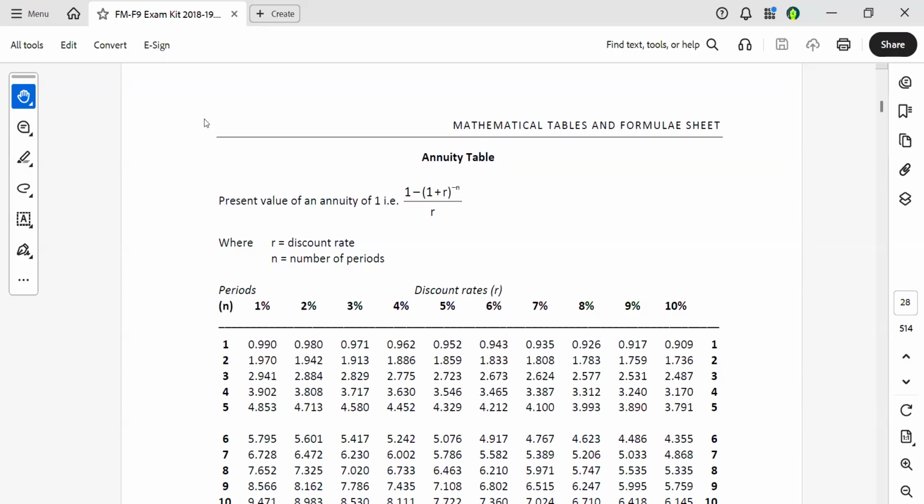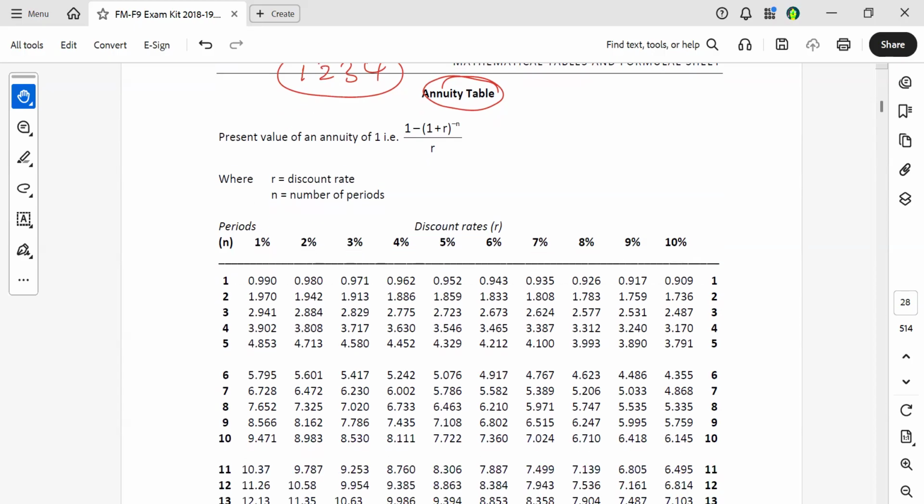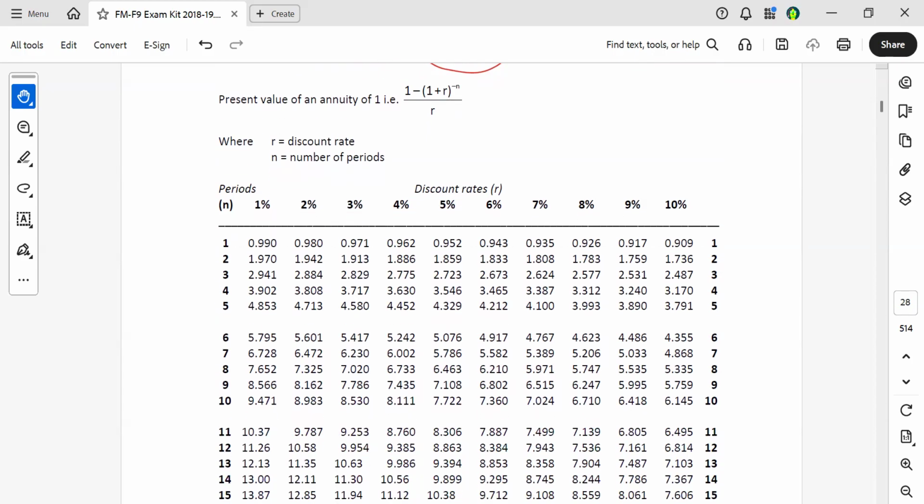Okay. So we are looking at the annuity table, because you are paying interest from year 1 to year 4. 1, 2, 3, 4. So it is multiple cash flows that you're going to pay, multiple interest cash flows. And that's why we need the annuity factor, not the discount factor. So you come to the annuity factor table. At that point in time, we are looking at 5% for 4 years.